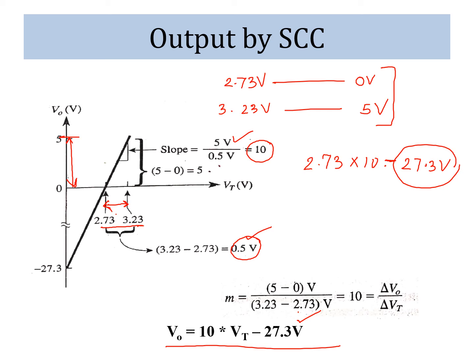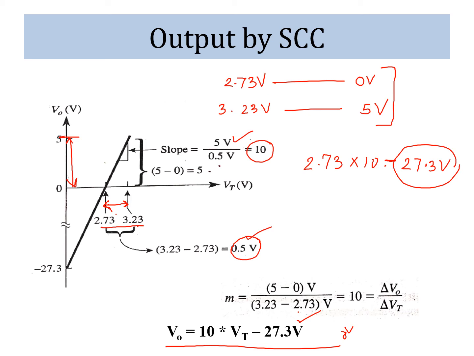If I put 2.73 here, it will become 27.3, so the final output will become 0 volt. If I insert 3.23 here, 3.23 multiplied by 10 becomes 32.3, minus 27.3, it becomes 5 volt.